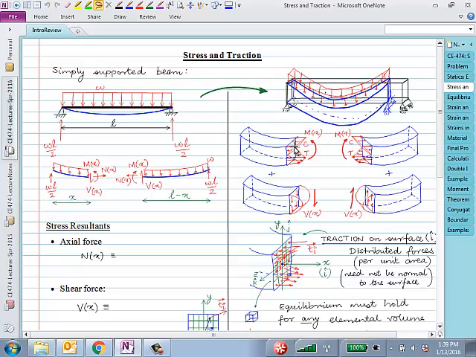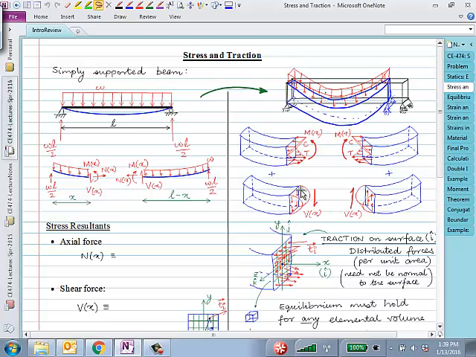Make sense? If we take a look at this cross section, there's a lot of distributed force over this cross section, the top half being in compression, the bottom half being in tension, and this really is what is traction.